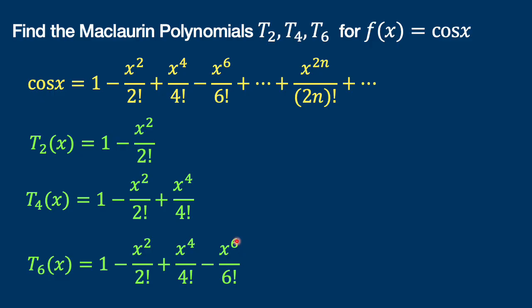If you want a more accurate cosine value, you should take a higher degree: T6, T8, T10. But when you take a higher degree Maclaurin polynomial, it is more complex and takes a while to evaluate that polynomial.